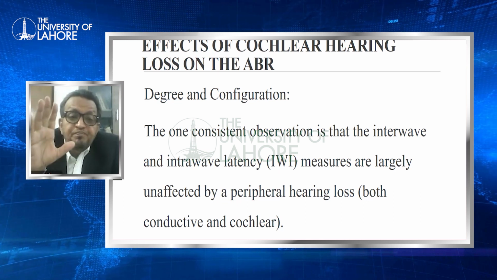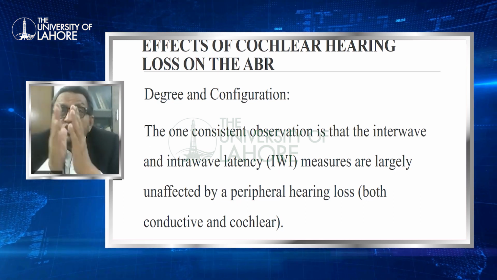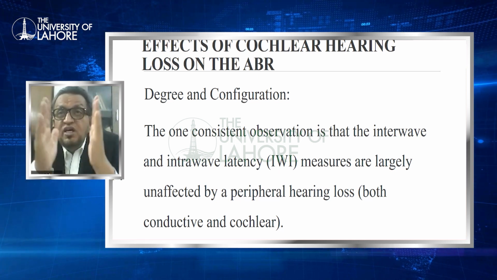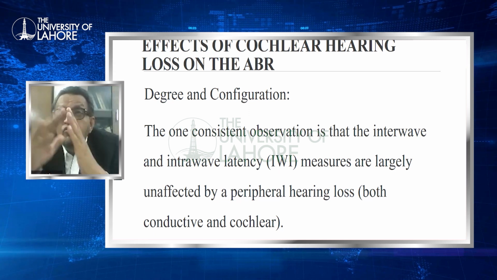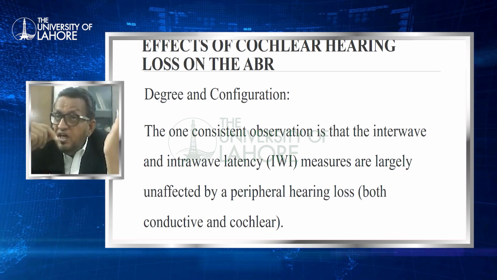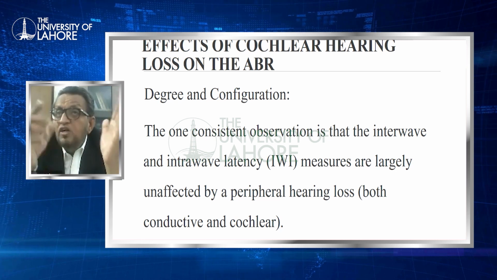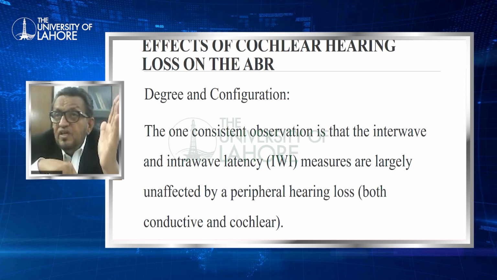But in a cochlear hearing loss, there will be a difference between wave 1 and 2, 2 and 3, 3 and 4, 4 and 5. These are called intraaural or intra-wave latency differences.